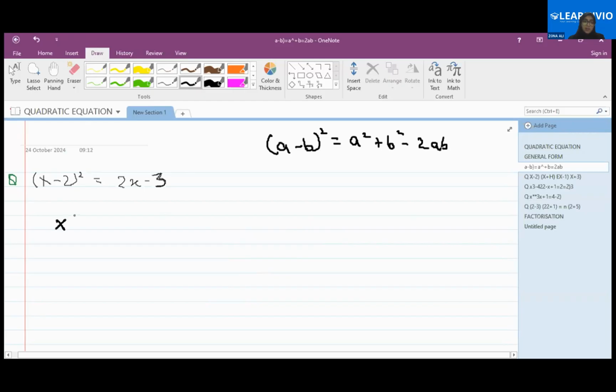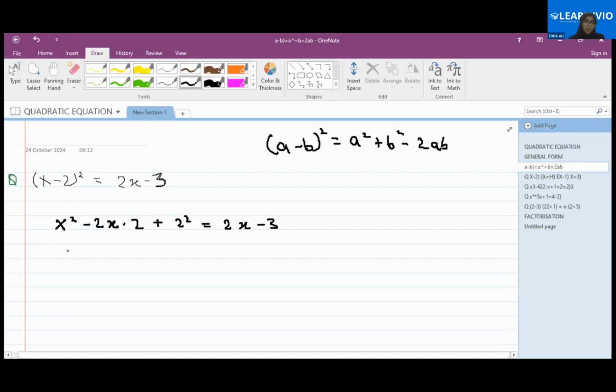It will give you x square minus 2ab, that is minus 2. What is a here? a is your x, b is your 2, so into 2, plus b square, that is 2 square, is equal to 2x minus 3.